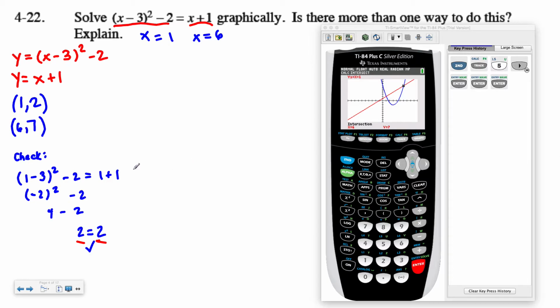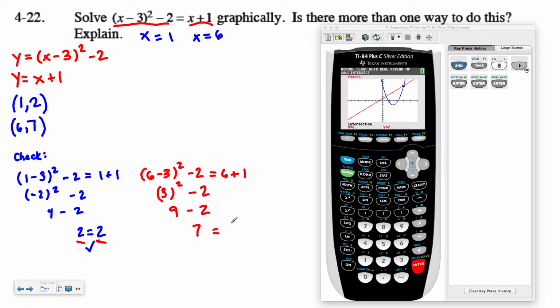I'll do this one in red so it stands out. So let's do the quantity of 6 minus 3, squared, minus 2 should equal 6 plus 1. 6 minus 3 is going to be 3, so we end up with 3 squared minus 2. 3 squared is 9, and 9 minus 2 definitely gives us 7.